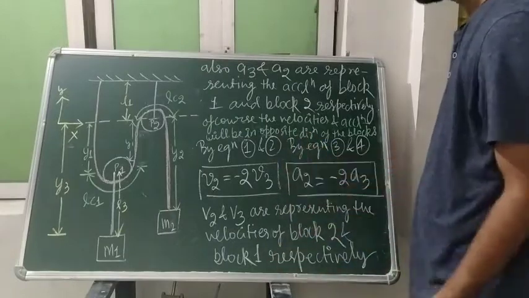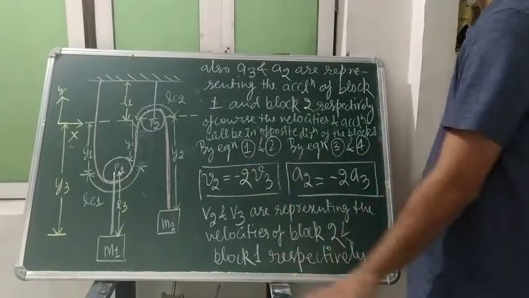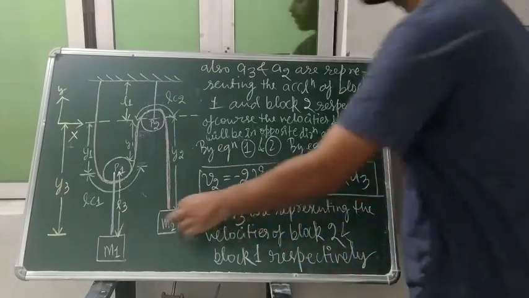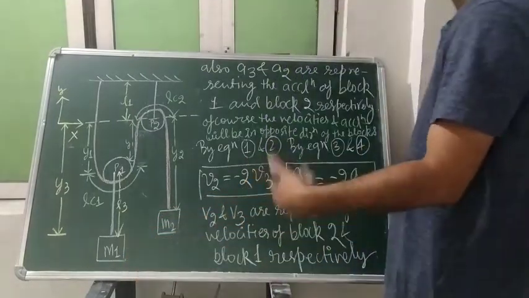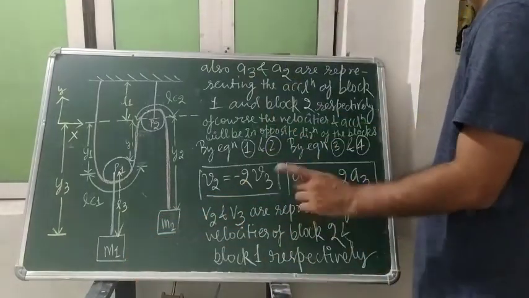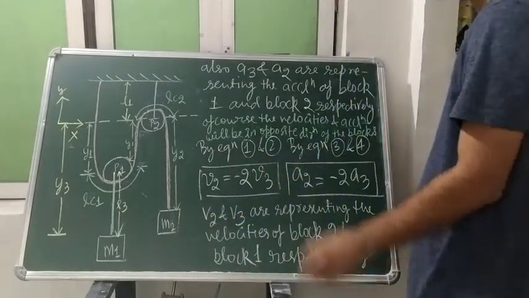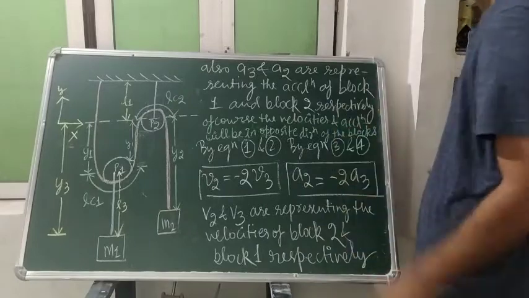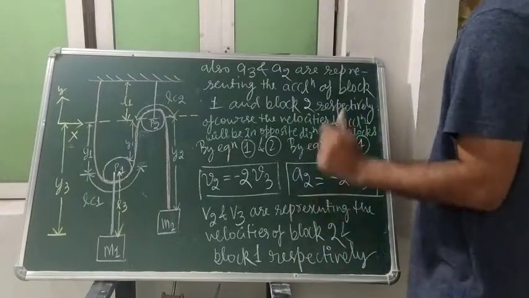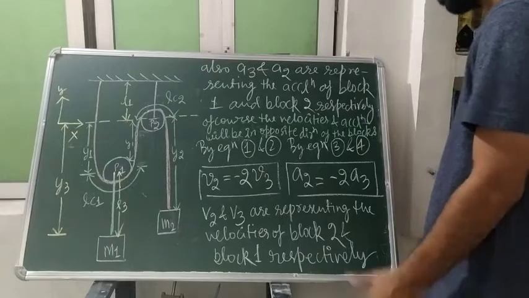Or in other words, whatever the velocity or acceleration of this block M1, twice of that velocity or acceleration will be the acceleration or velocity of this block M, and they will be in opposite directions. Okay.